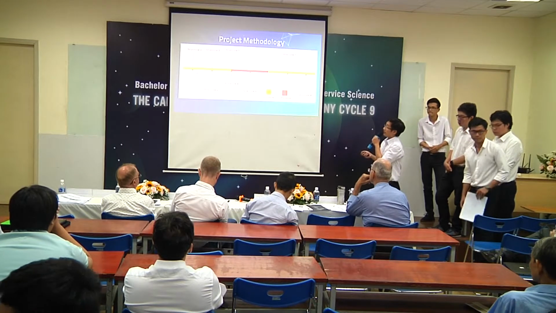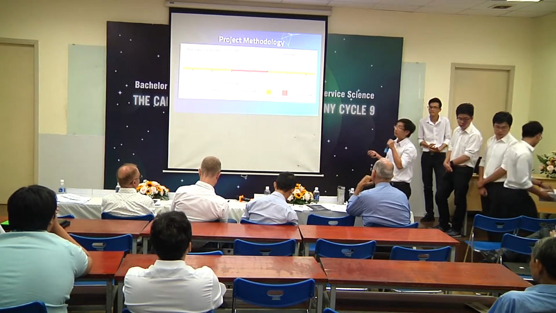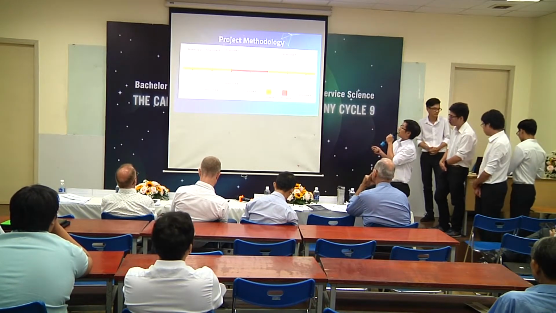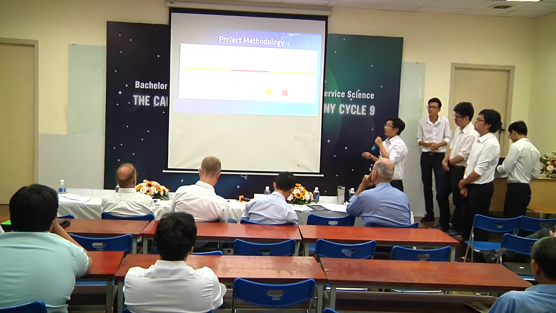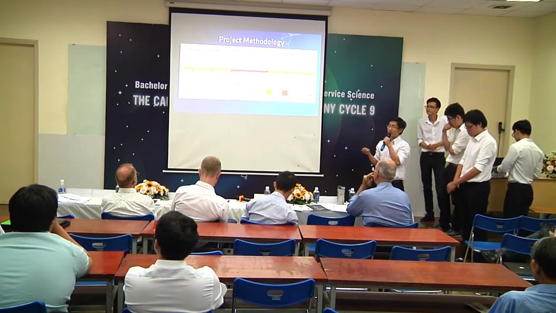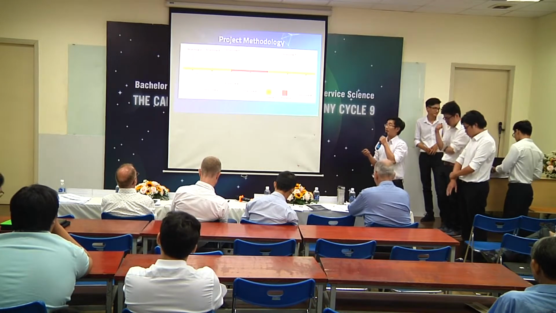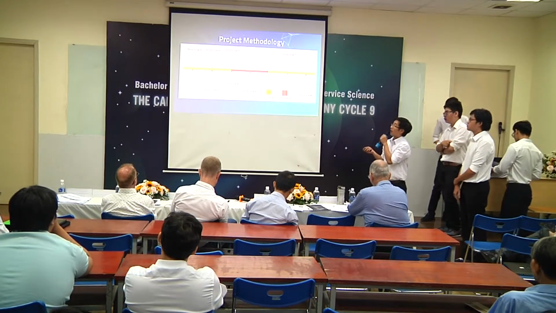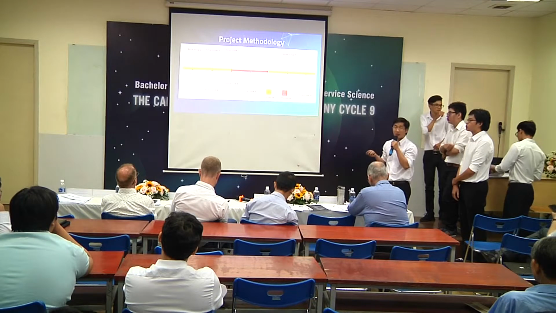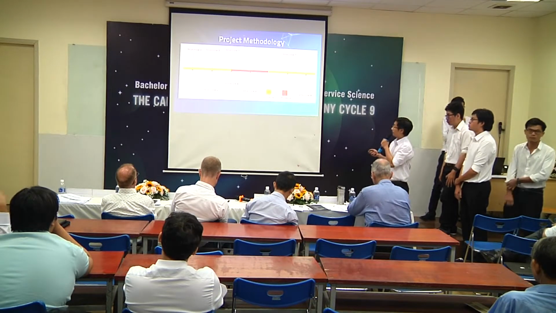And the next stage, which is the designing stage, is milestone 5. Our team is going to make some diagrams and also documents about the security method that we had proposed before.